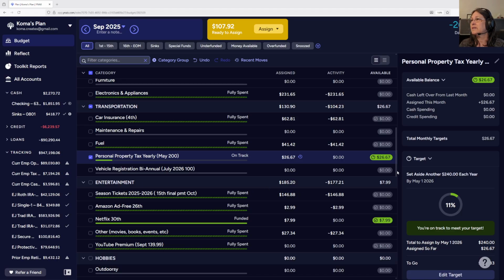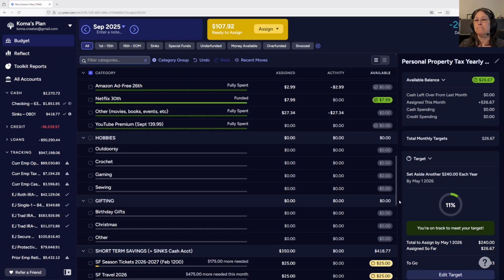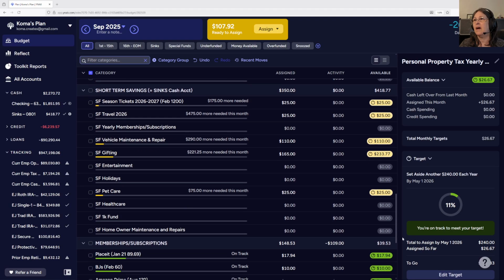What else? So now I still have $107 left to assign. I think maybe come in here and see what I can cover here. Now, I've already paid for the feline leukemia, which is what I knew I was going to have to pay, and was focused on that for a minute.